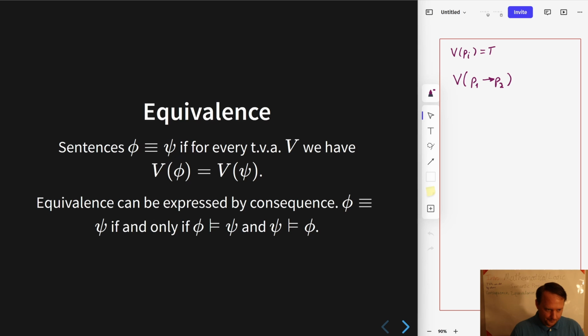It's worth pointing out that we could actually just state this in terms of consequence, which we have already defined earlier. So phi is equivalent to psi if and only if phi entails psi and also psi entails phi. So these two definitions really say the same thing. It's worth seeing it in two different ways.